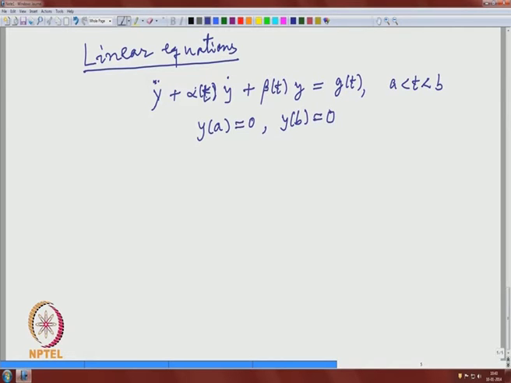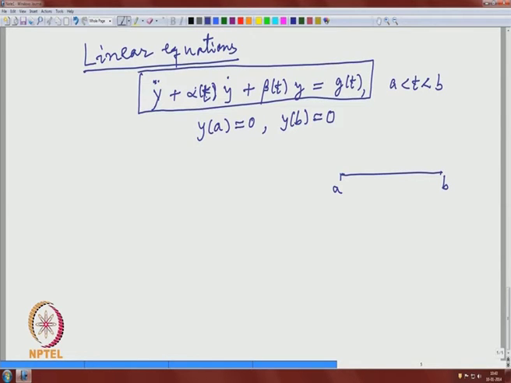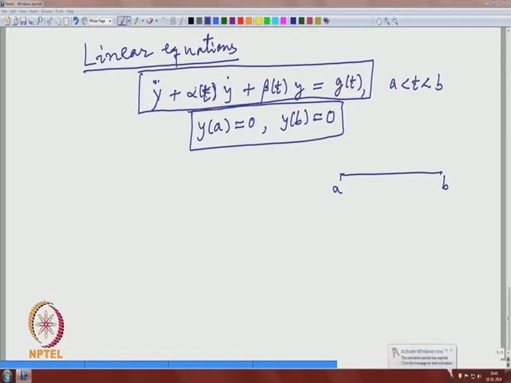Okay. So, this is the problem here. We have this interval a b. We are to find a solution for this equation satisfying these two boundary conditions. So, we want a C2 solution. Y is a C2 function, a twice continuously differentiable function satisfying this differential equation and these boundary conditions at a and b.